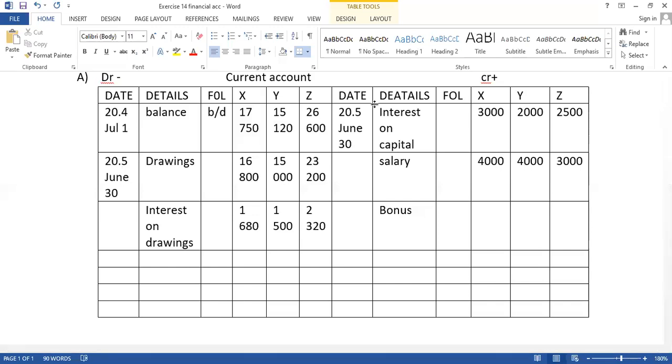Why? Because the partnership is the one paying interest on capital, salaries, and bonuses to the partners, meaning that the profit is decreasing.